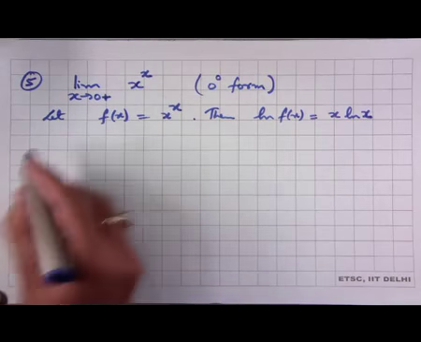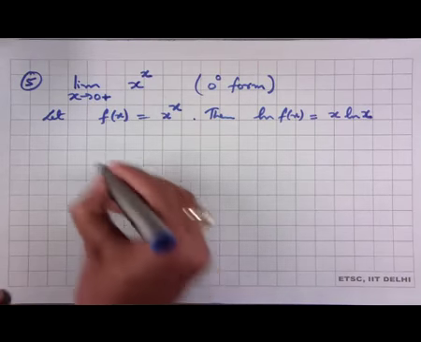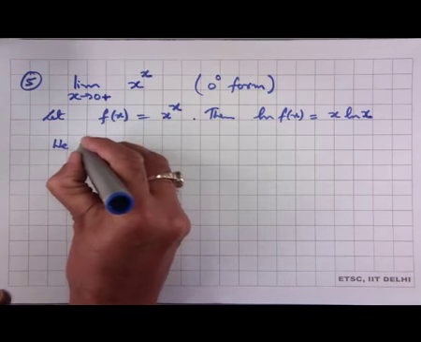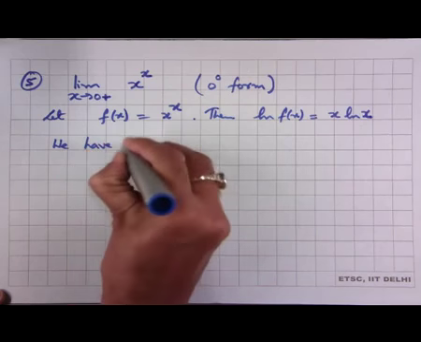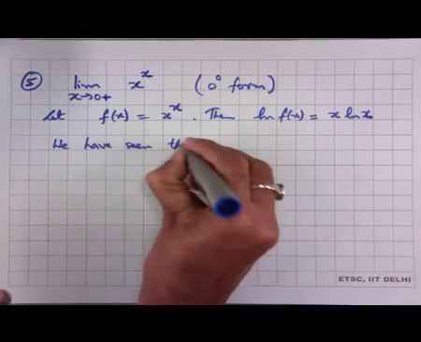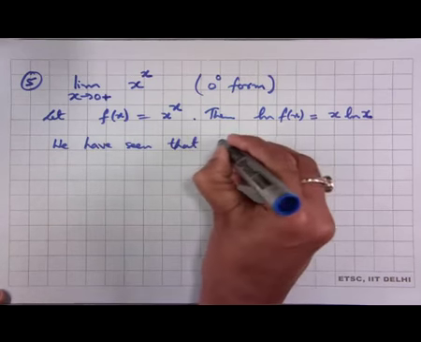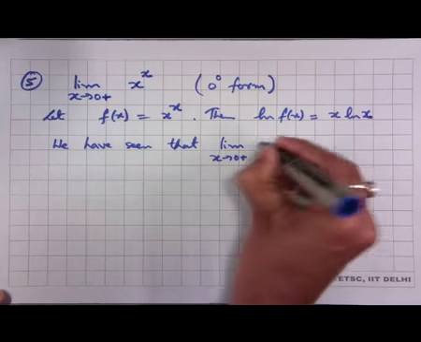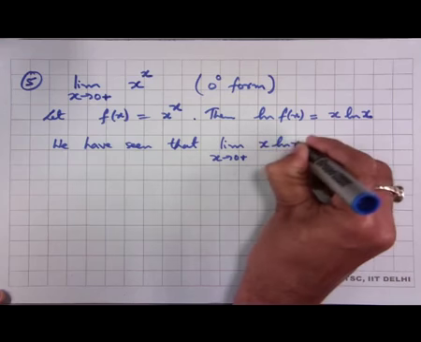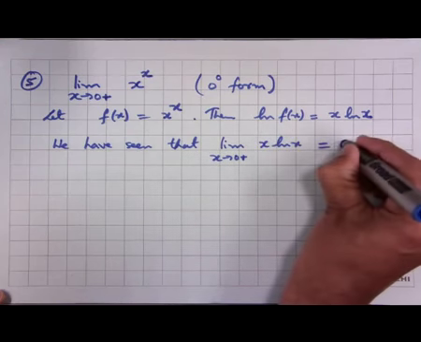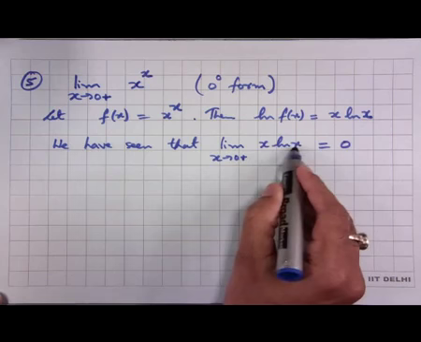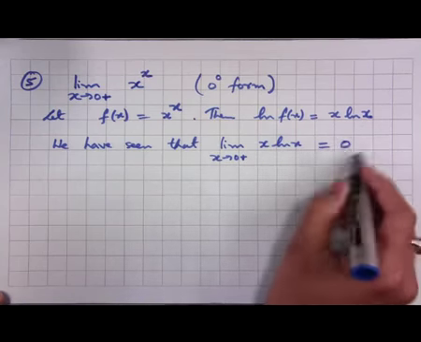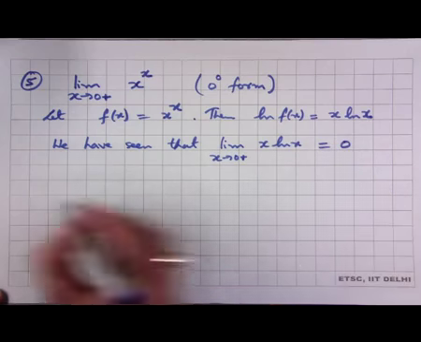Now, what we know is that we have seen that limit x going to 0 plus of x log x is equal to 0. This we calculated by writing this as log x by 1 by x and then using L'Hopital's rule. This limit is 0.